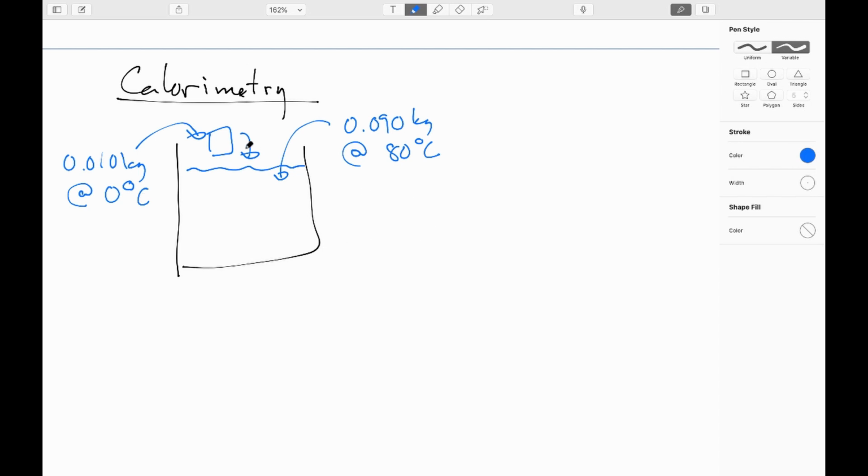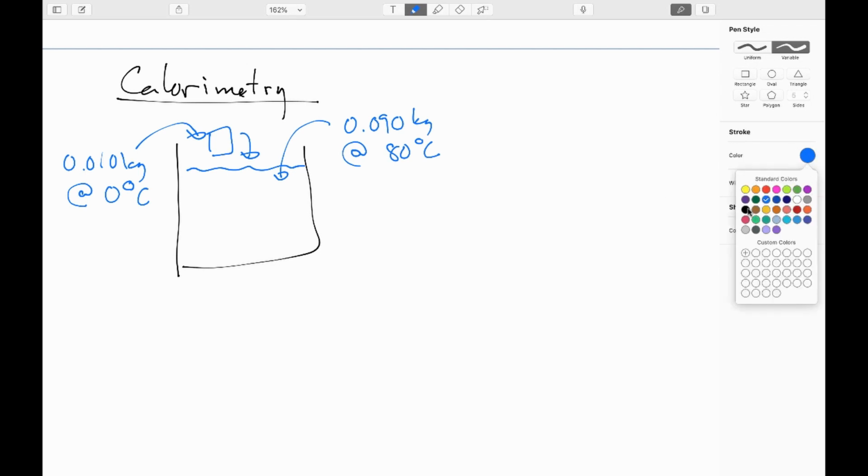So what's going to happen is first the ice cube is going to go in, and it's going to melt, and we'll create water that is at 0 degrees C, but then we're still going to continue to have a heat transfer between the liquid water and the freshly melted water until everybody gets to the same temperature.